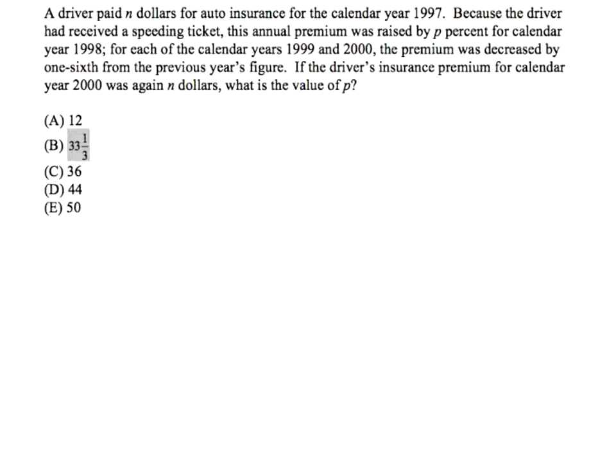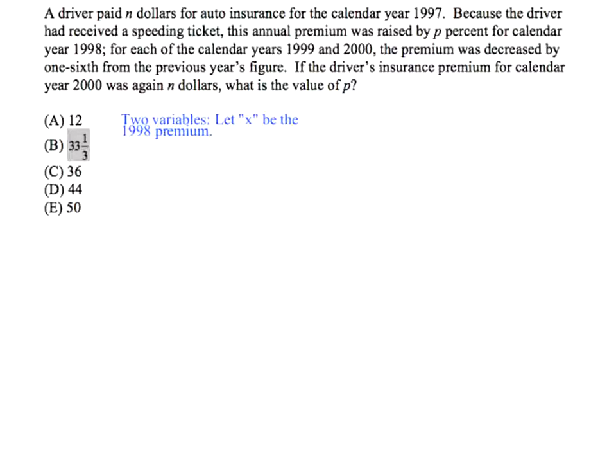One solution that uses two variables is let X be the 1998 premium. It's nice to have a variable there because that's the thing that you actually take fractions of, whereas P is a percentage, and you don't take fractions of the 1997 value.